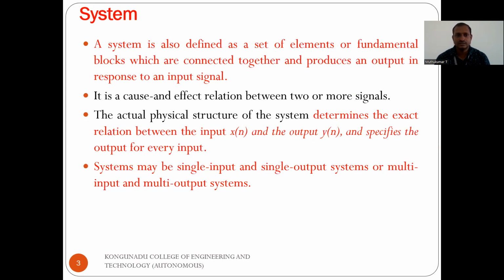This is called a system. It has a cause and effect relationship between two or more signals. Generally we represent input as x of n and output as y of n. So the output depends upon the input. A system may be a single input, single output system or a multiple input, multiple output system.